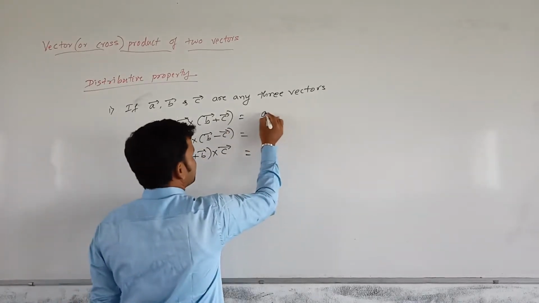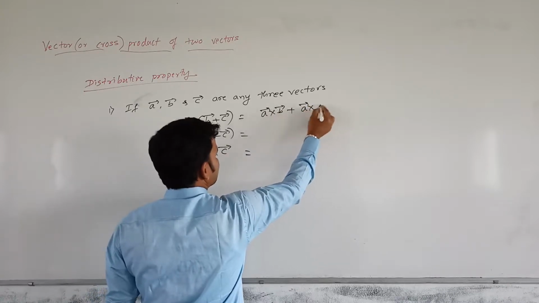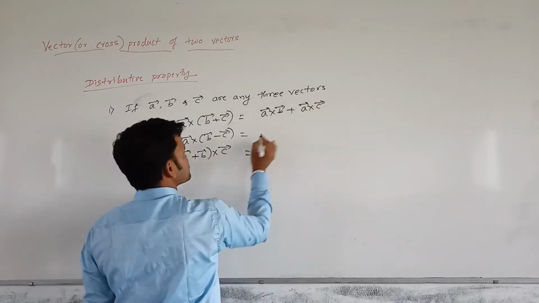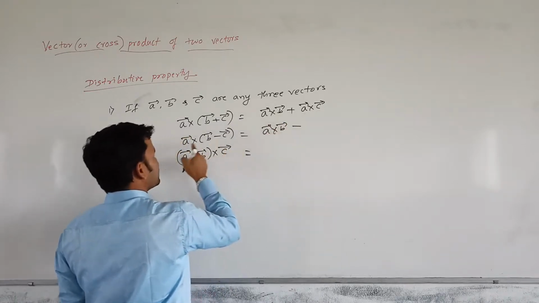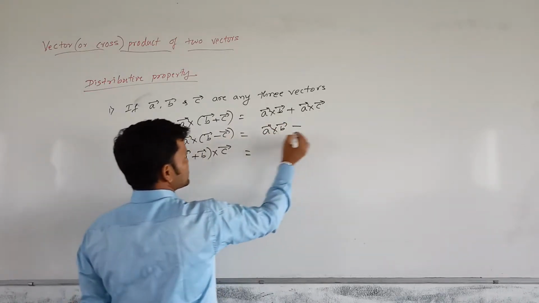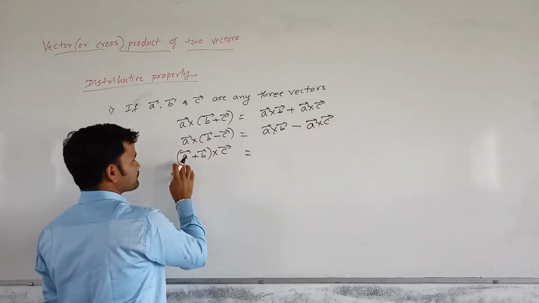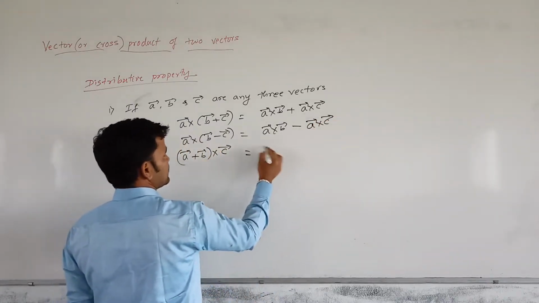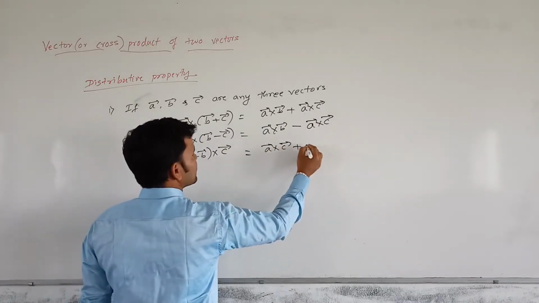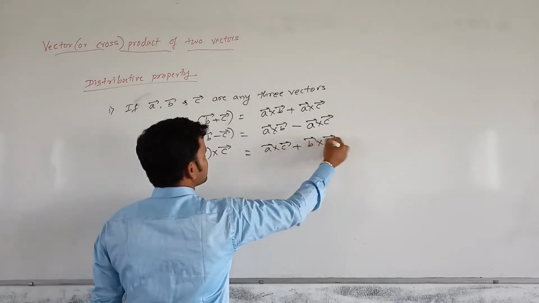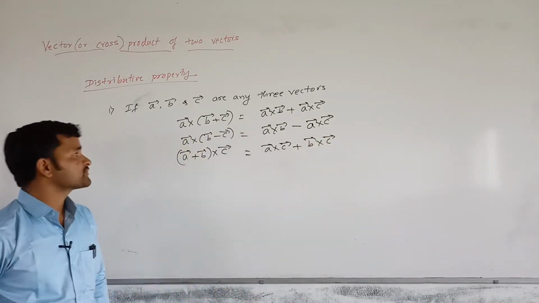Here I can write A cross B plus A cross C. In the same way here, A cross B minus A cross C. That means the cross product is distributive.